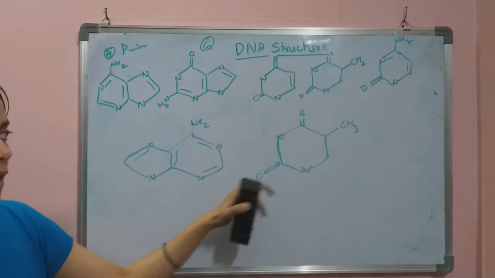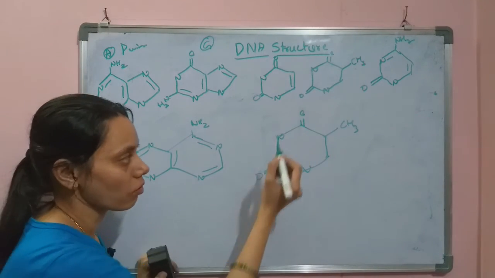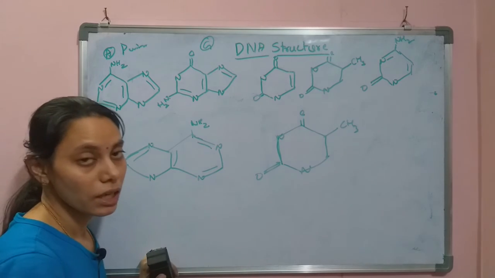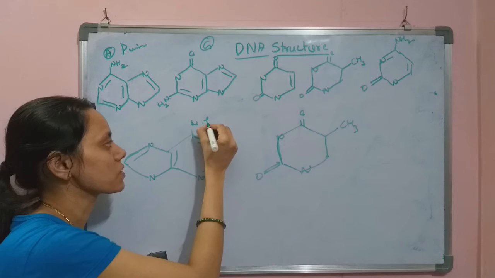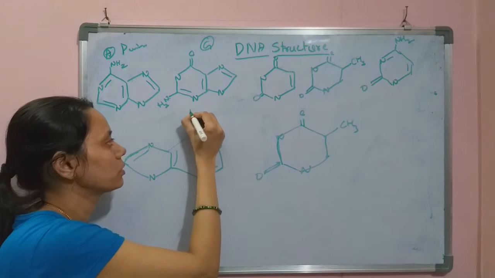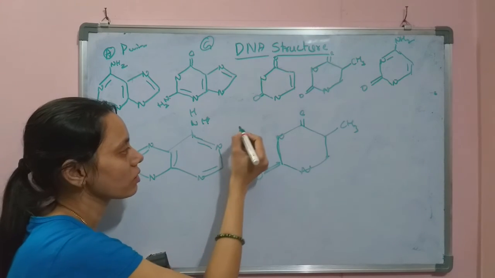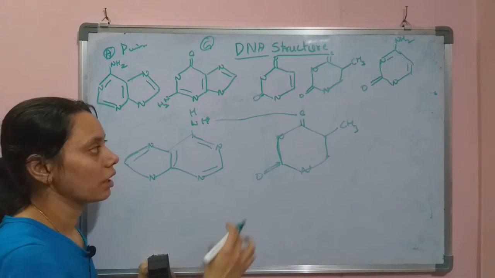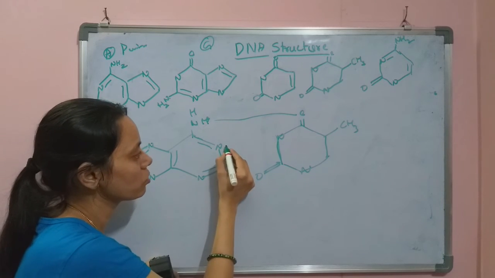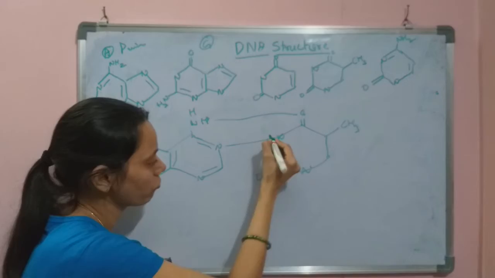So if it is the thymine, then what will happen? There is an oxygen and here is the amino group. So here one hydrogen present in this amino group acts as a donor, and here is the oxygen, so the hydrogen bond will be formed, and here between two nitrogens the hydrogen bond will be formed.